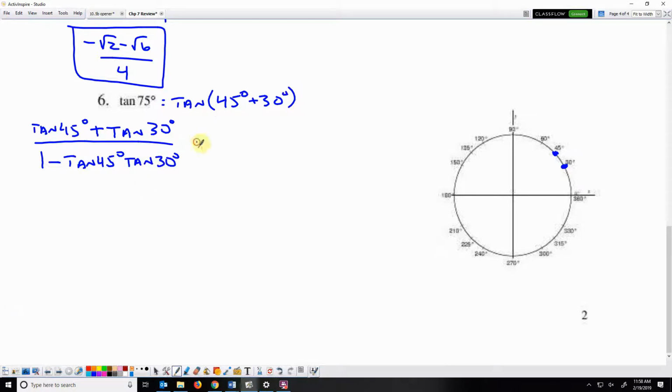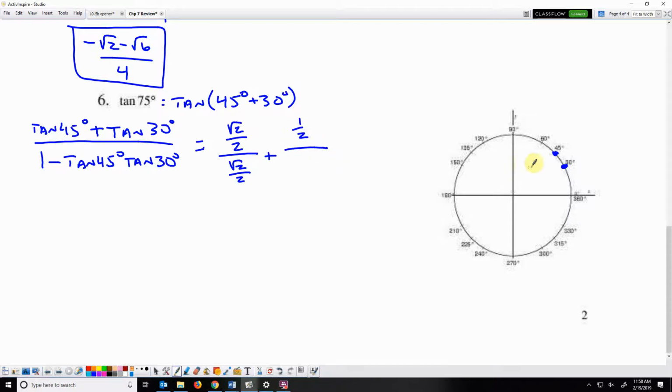So tangent is y over x. At 45 degrees, second position up, the y value is root 2 over 2. And the x value, second position to the right, is root 2 over 2. The y value at 30, first position up, is 1 over 2.